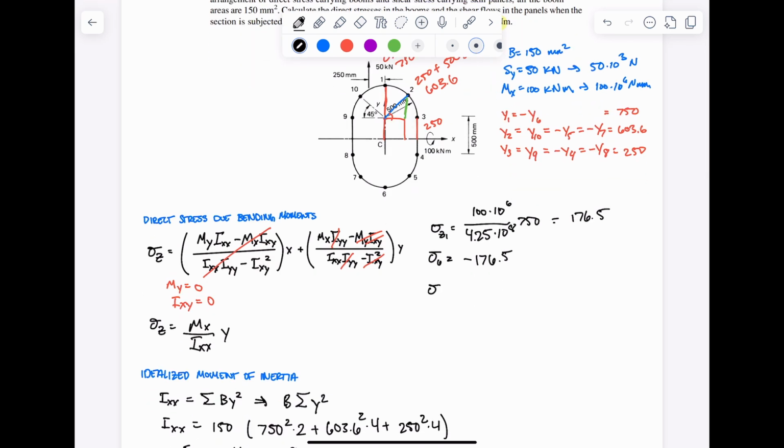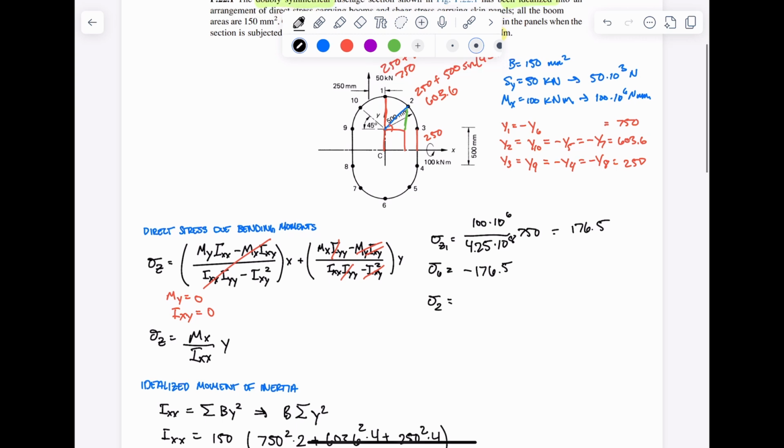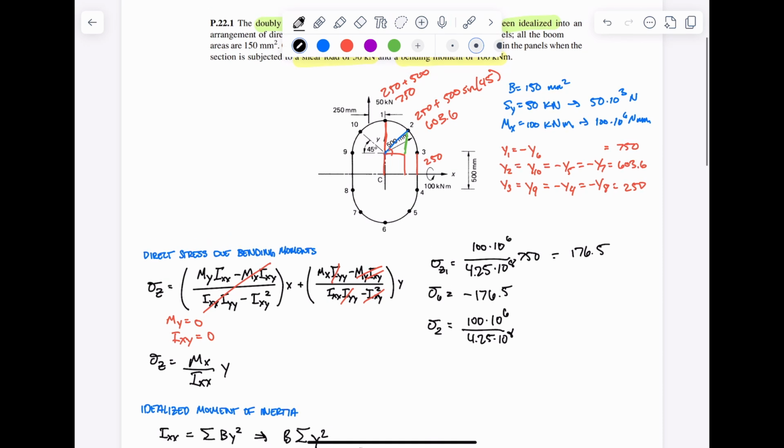Again, let's solve for the direct stress in boom 2. Again, it's 100 times 10 to the power 6 over 4.25 times 10 to the power 8, and the distance away from the centroid axis, which is 603.6. And if we solve that, that'll be 142.02.